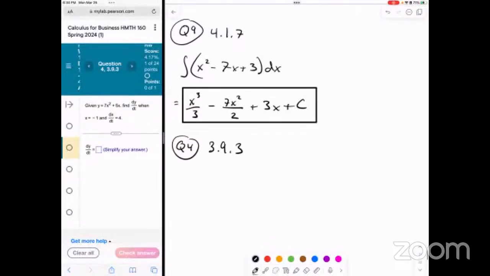So we're given that y equals 7x squared plus 5x. We're asked to find the derivative of y with respect to t when x equals -1 and dx by dt equals 4.